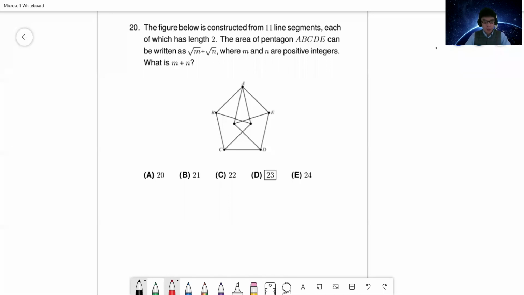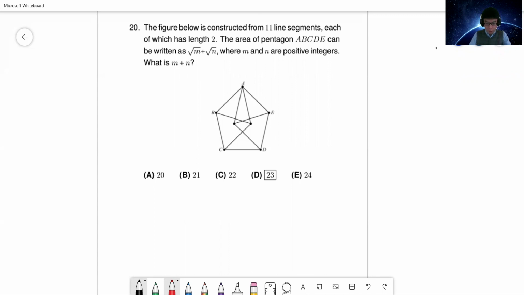Question 20. We have 11 line segments, each of which has length 2. They construct the following pentagon, this shape. We need to find the area of this pentagon. So remember, if we have 3 equal line segments connected to each other, we get an equilateral triangle.